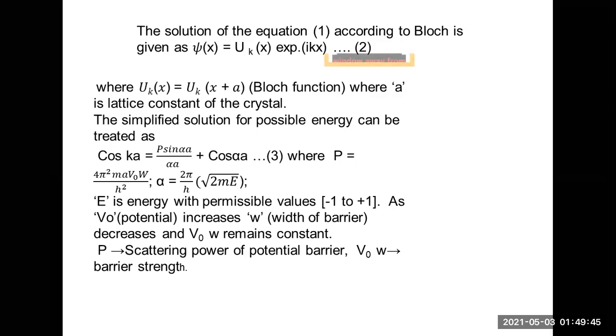In today's class we covered two different assumptions made by four different scientists. First were Drude and Lorentz, who assumed how the metallic crystal behaves in the absence of the external field and in the presence of the external field.